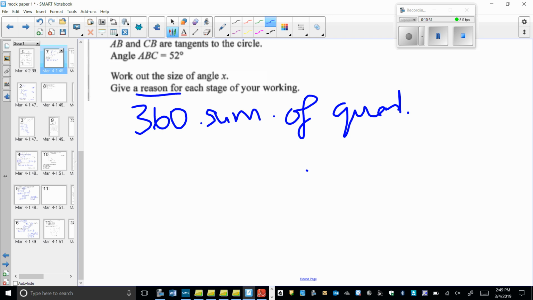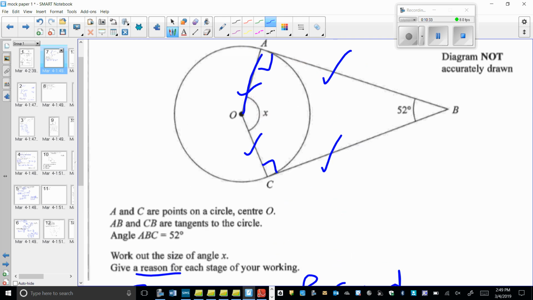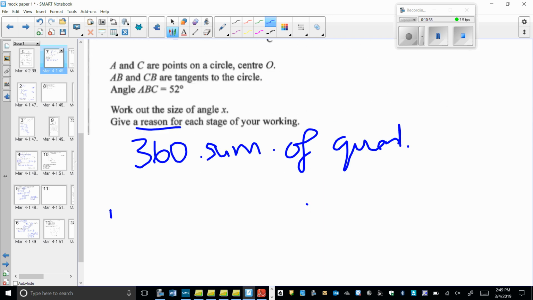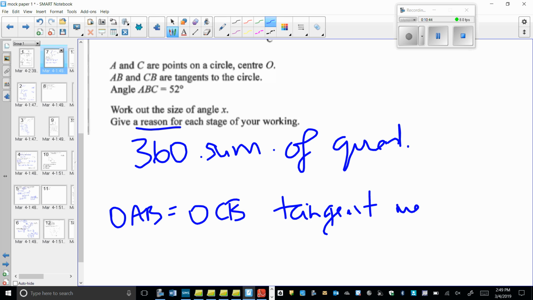I'll give a reason for each stage. So we need to say that OAB is equal to OCB, and that's tangent meet radius of 90.